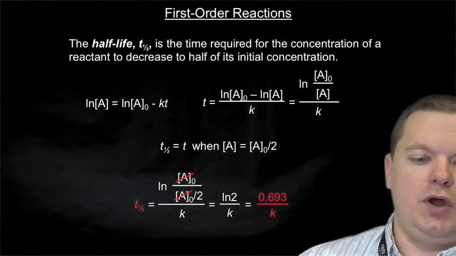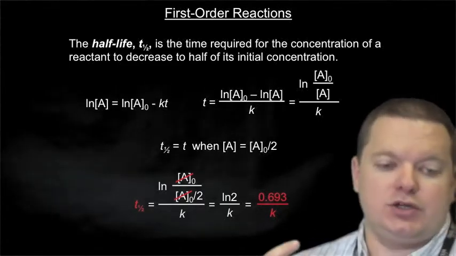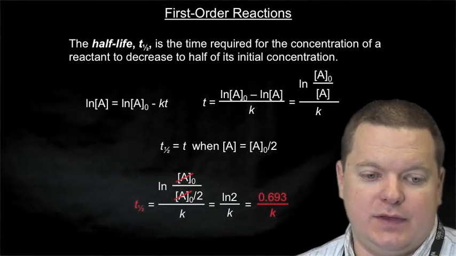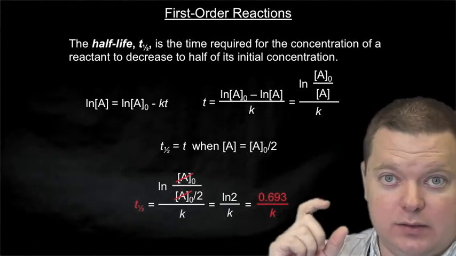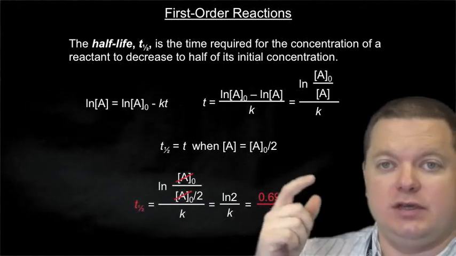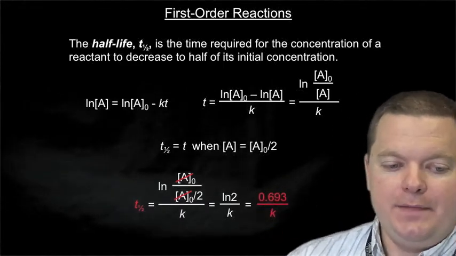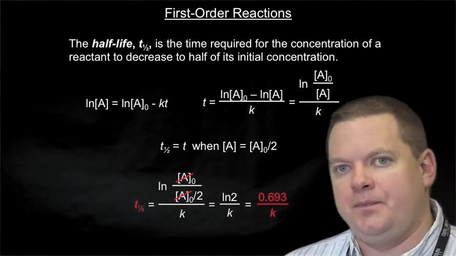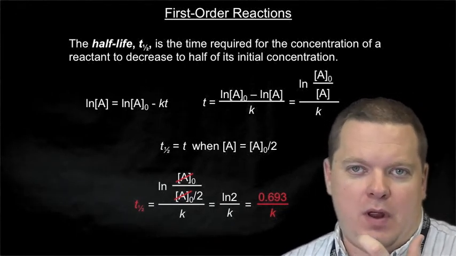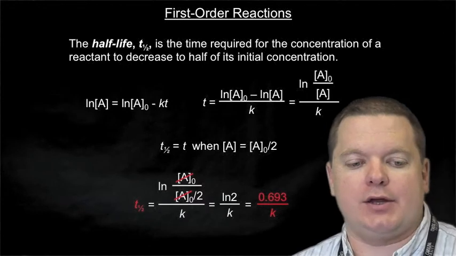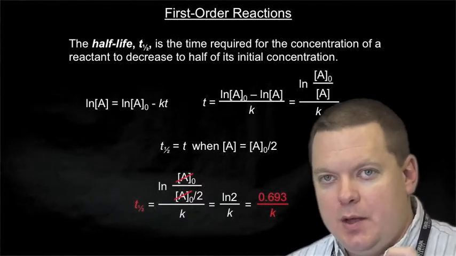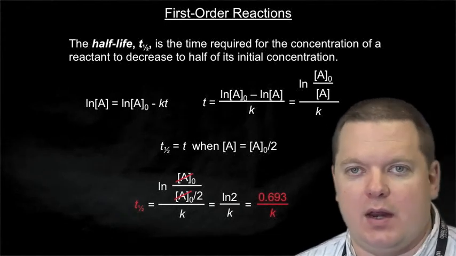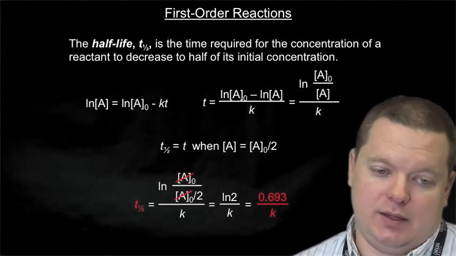So if we look at the first order reaction where A naught over A at time t, with A at time t equal to one half of its original, this will simplify into the natural log of 2 over k. So the half-life for a first order reaction is equal to the natural log of 2, or 0.693, divided by the rate constant k, whatever value it is.